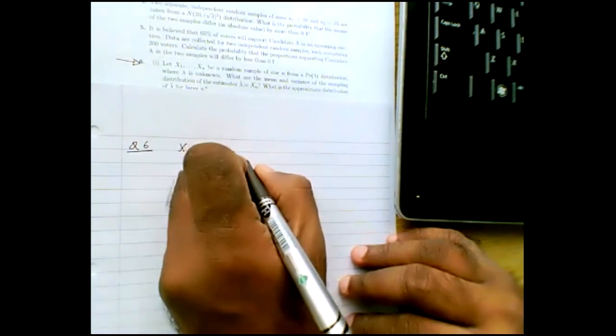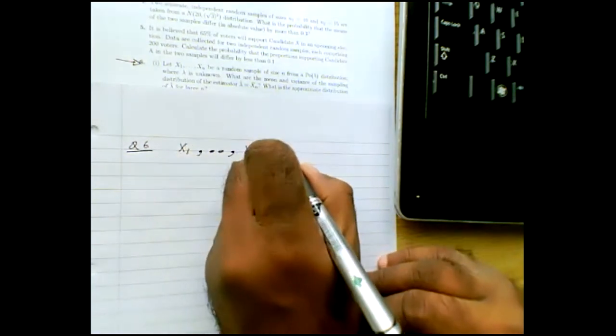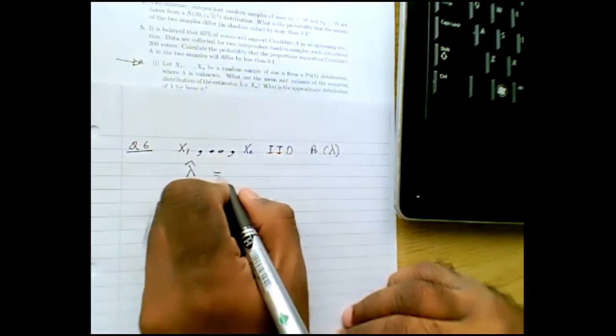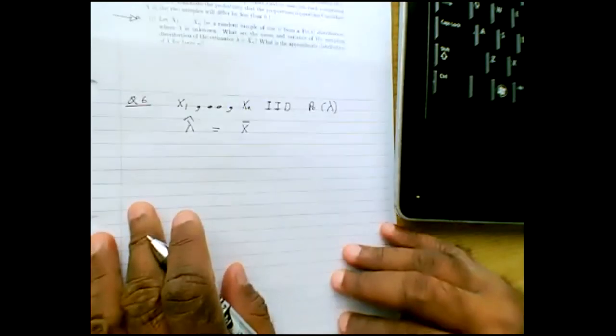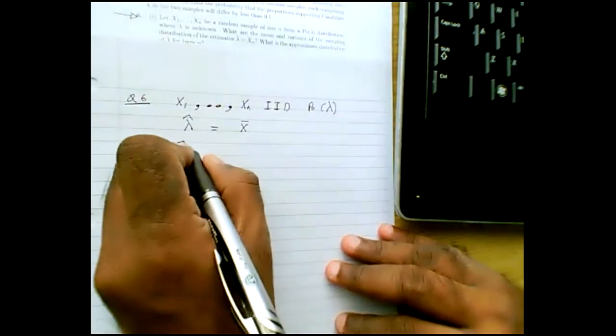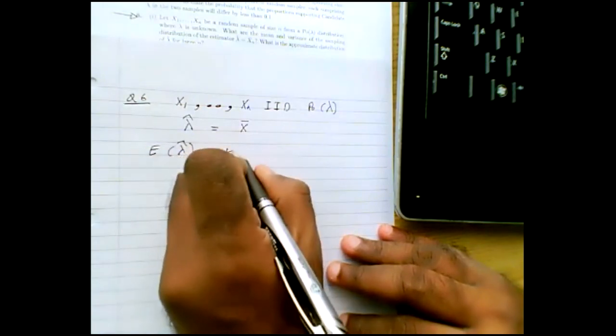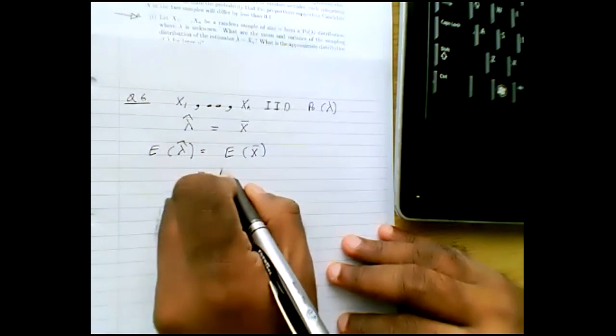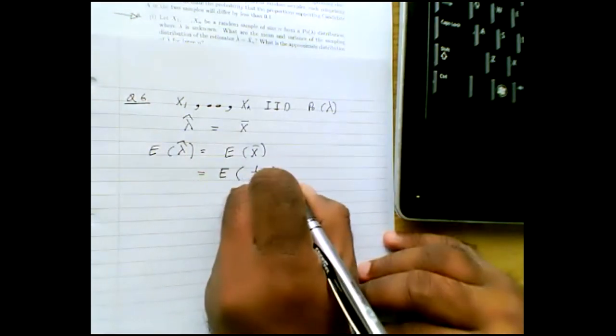You have a random sample, IID, from a Poisson with parameter lambda, and lambda hat is the sample mean. The question is to find the mean and the variance of lambda hat. So the mean is simply this.